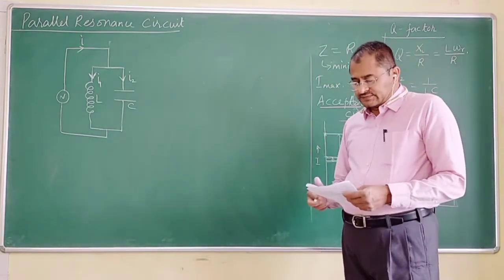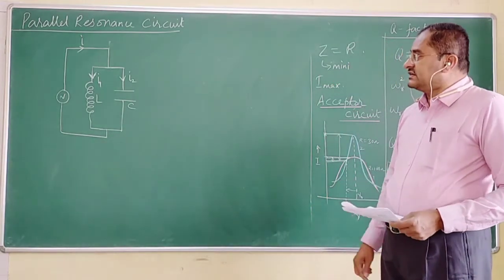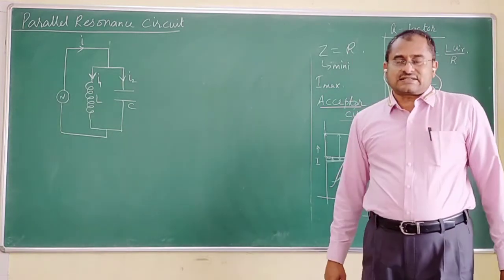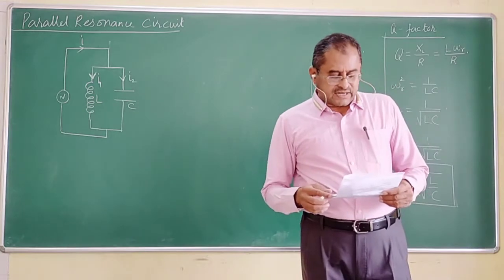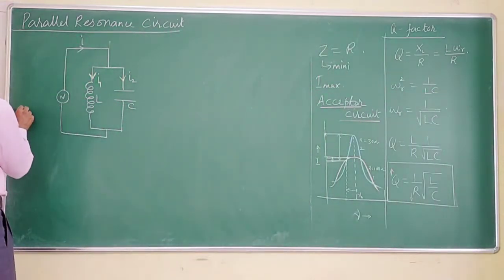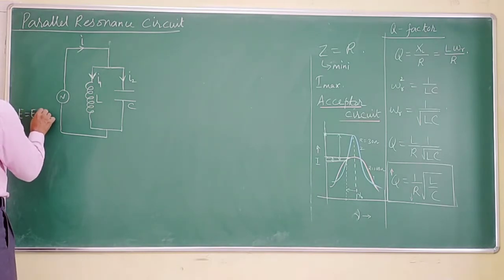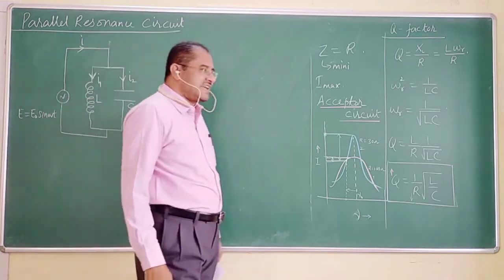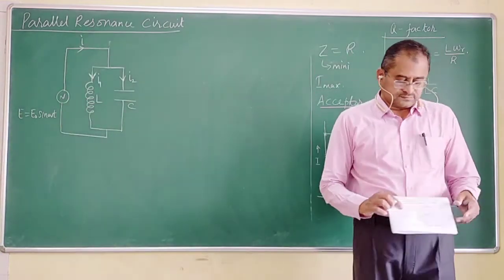In the circuit, you find an inductance and a capacitance connected in parallel, to which is applied an alternating EMF given as E equals E naught sine omega t.